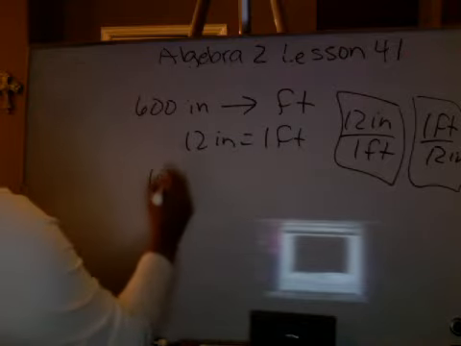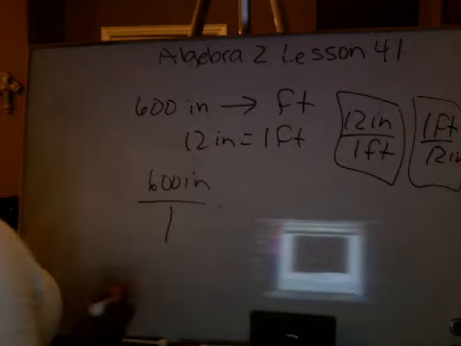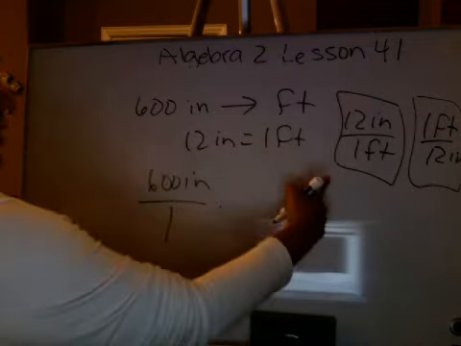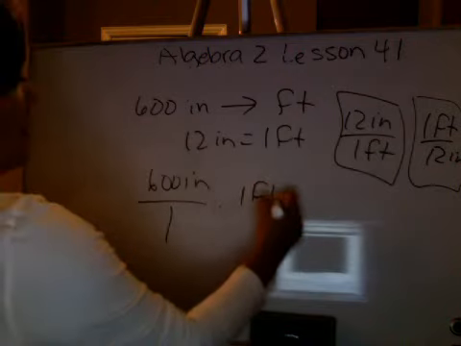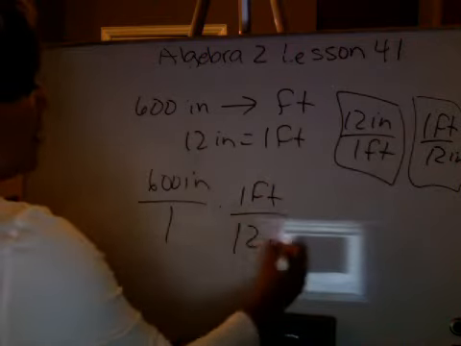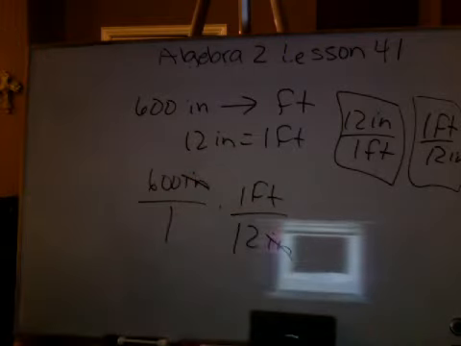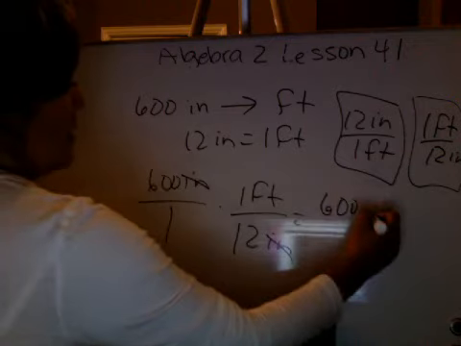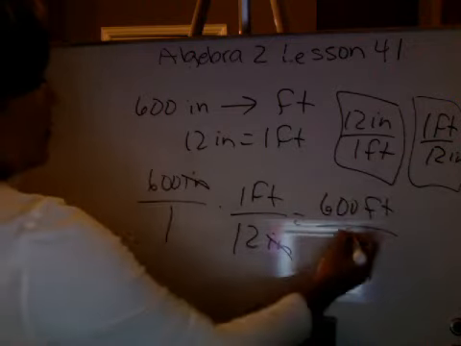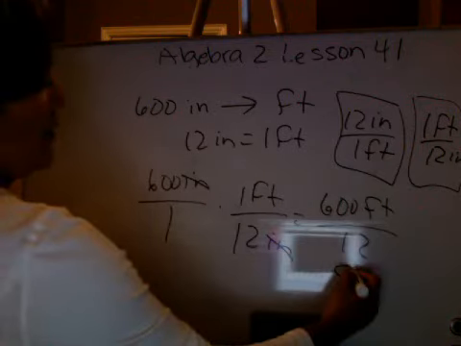So we have 600 inches over 1. Which one are we going to multiply by, 12 inches over 1 foot or 1 foot over 12 inches? Well, we want to do 1 foot over 12 inches because we want this divided by itself to equal 1. We want it to go away, and then we're left with 600 times 1 times feet over 1 times 12, which is simply 50 feet.